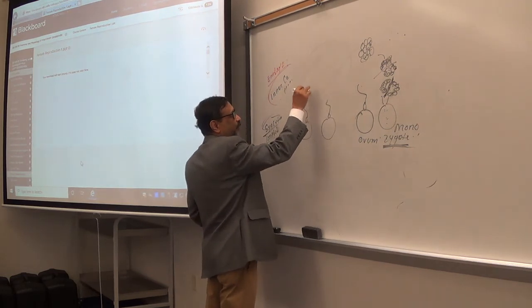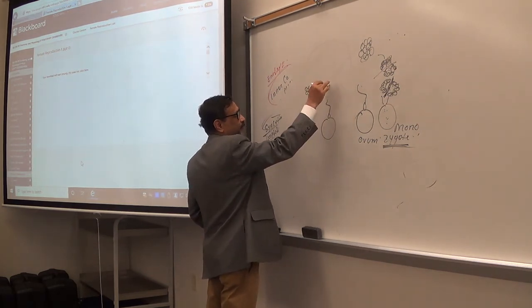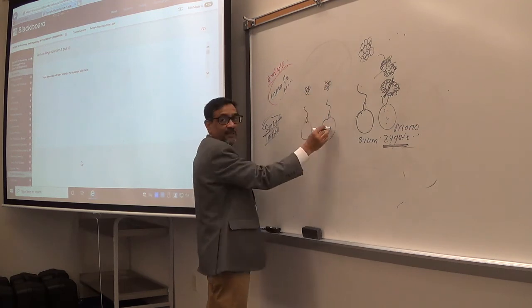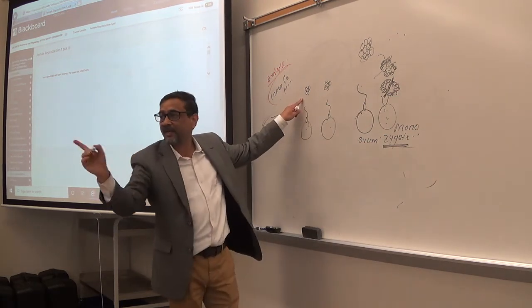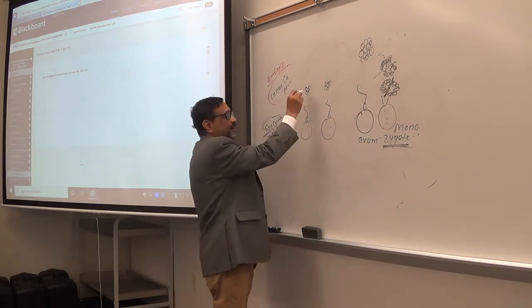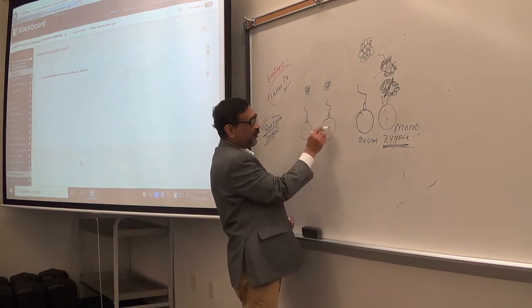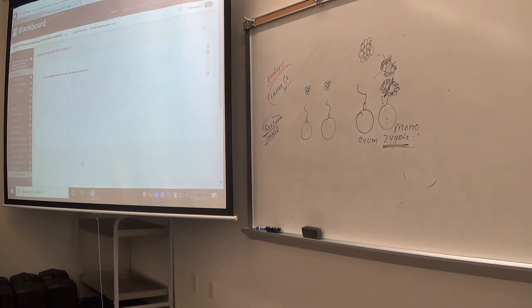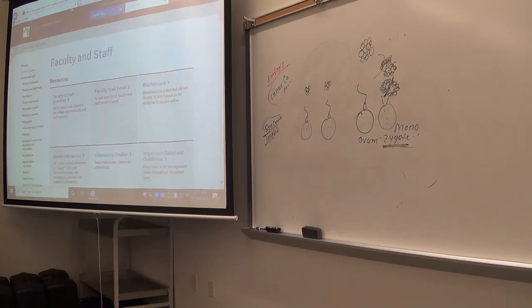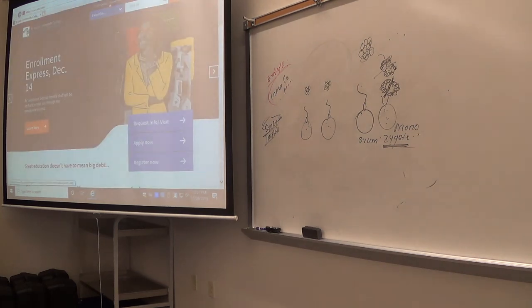So two embryos will be formed, but they are coming from two separate zygotes, right? So not genetically exactly identical. Make sense? That's why these are dizygotic twins. Monozygotic twins are more identical genetically. Okay, I think you know those things.